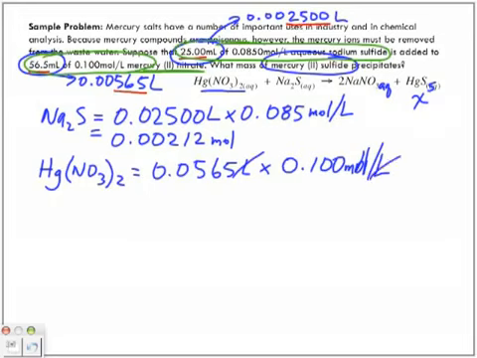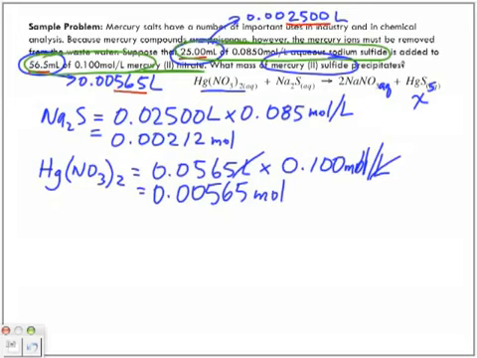Liters cancel out, and our answer is in moles, and we get 0.00565 moles.